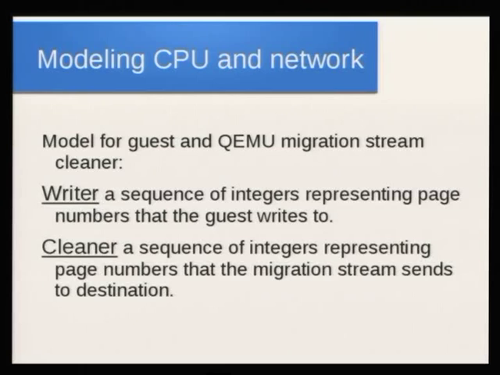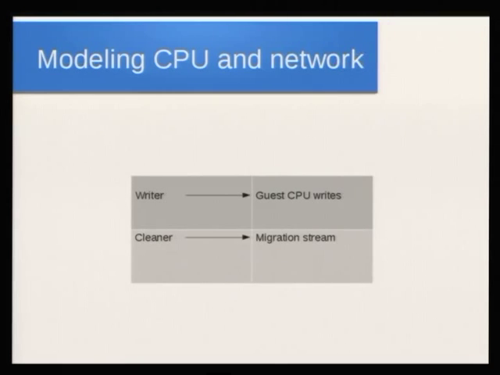In the model, writer is a sequence of integers that represent the page numbers that the guest writes to in memory. And cleaner is a sequence of integers representing the page numbers that the migration stream sends to the destination. I wrote this for the migration guys: when they see writer, they should think guest CPU writes, and when they see cleaner, they should think migration stream.